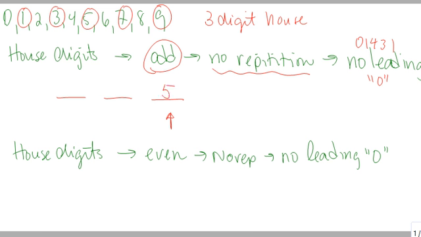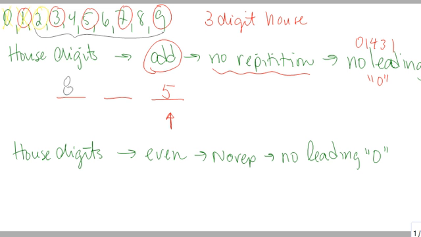For the first position, there are all the numbers except for the number 0, and the one odd number we've already placed, so let's call that a 1. So that means there are these numbers left, which is 8.